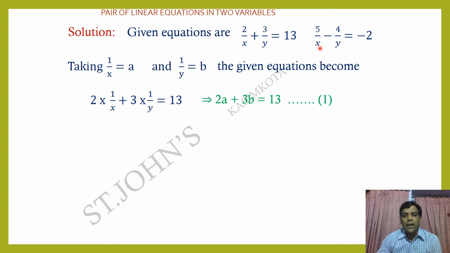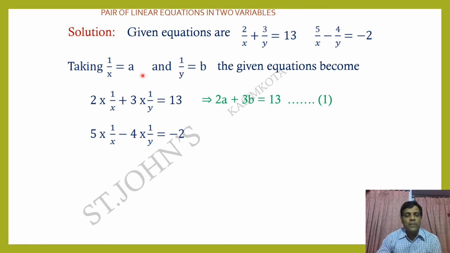Okay, now we are going to equation 2. 5/x − 4/y = −2. 5/x means 5 into 1/x, minus 4/y means 4 into 1/y, equals −2. Here 1/x = a.